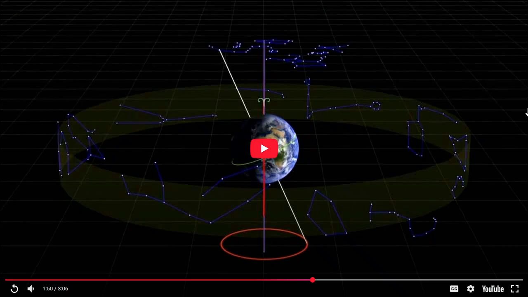It's because the axis of rotation has wobbled a little bit, and so it's no longer pointing exactly at the horoscope sign that you would expect it to. But over this cycle, it will eventually point back to where it was originally pointing.